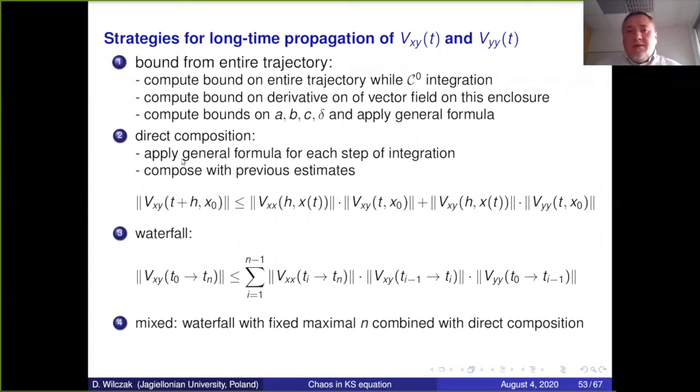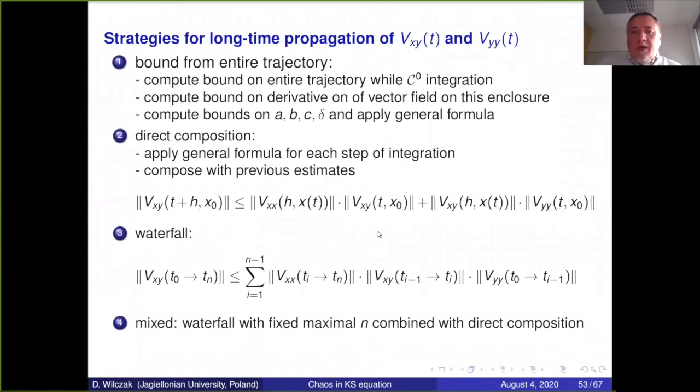The second is to use direct composition. That means given a time step, we can compute those alpha, beta, gamma, delta over each time step and then multiply norms in proper order. I call this direct composition. So the norm after time t plus h of this xy block, which is the most difficult part actually, can be bounded by this sum of products.